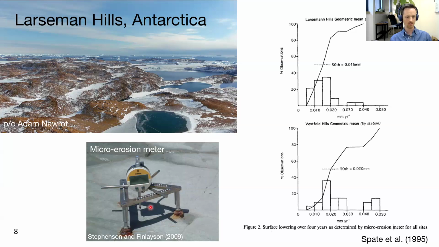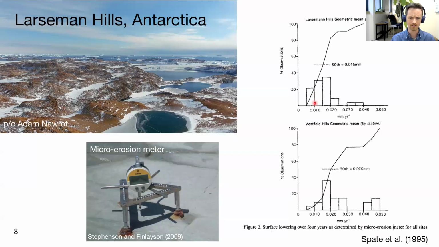And then you have this movable micrometer, and you can just push that little finger down until it touches the rock. And then you have a very precise estimate of how much the height has changed. They did this for 4 years. And at the end of that, they had this nice catalog of how much erosion on average had happened.